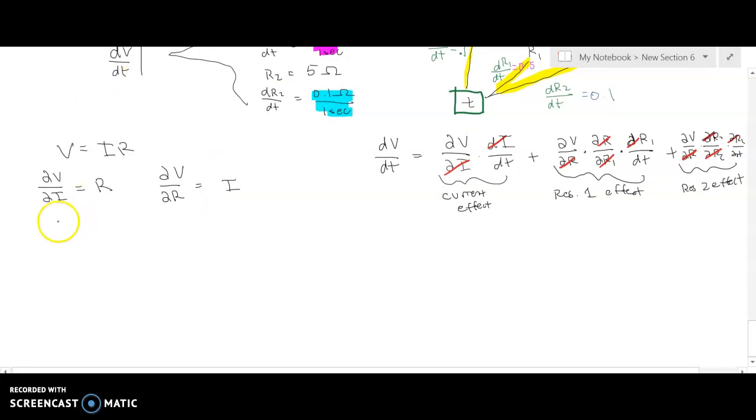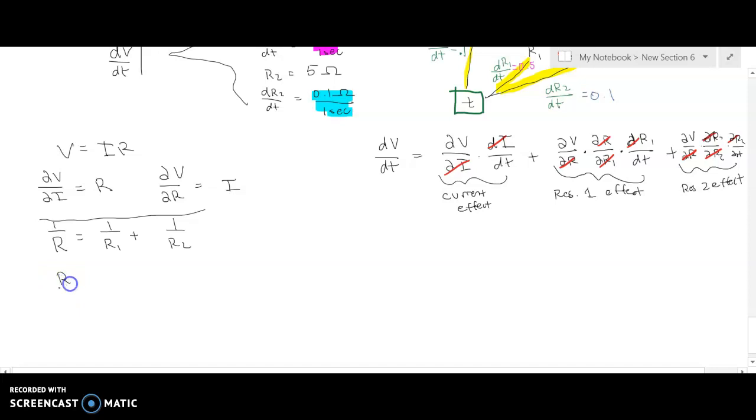Now I know that 1/R is equal to 1/R1 plus 1/R2. To take the derivative of this, we've got to be cautious because this equation is 1/R equals, not R equals.